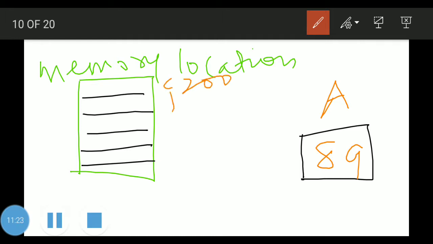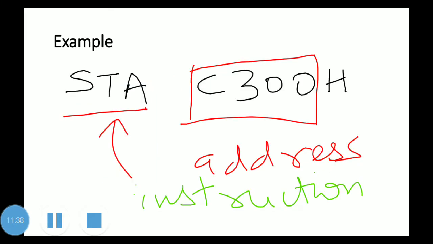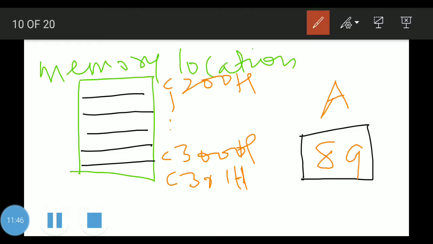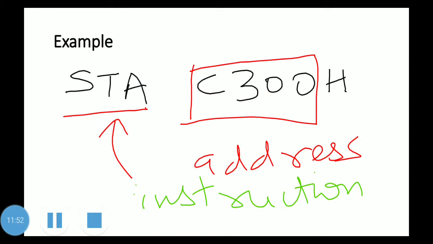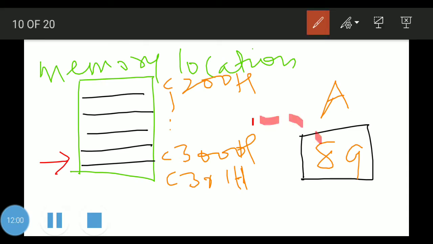This H indicates hexadecimal. Where do we need to store this content? In the location C300. Once we apply the instruction STA C300, the data from the accumulator will be stored in C300. This is the main purpose of the instruction.